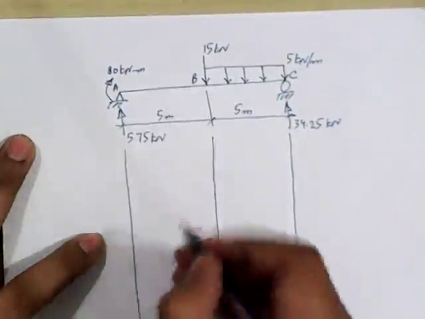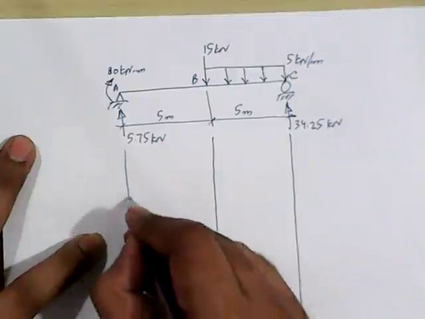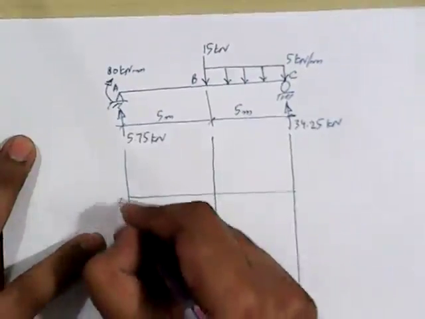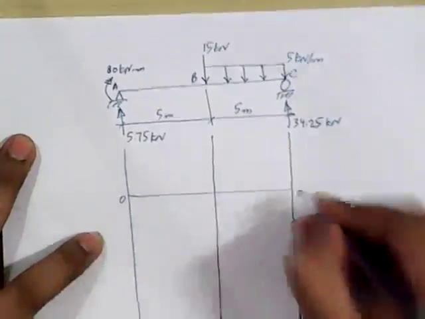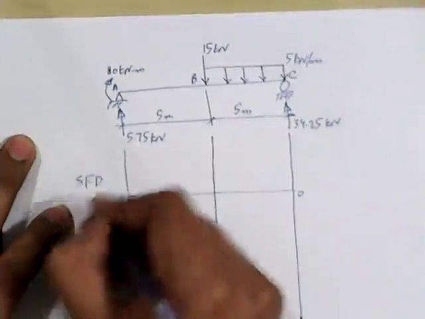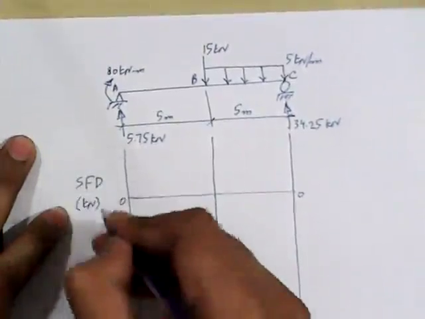Let's see. So this is our 0 line, and we are plotting shear force diagram SFD, and our units are kilonewton.